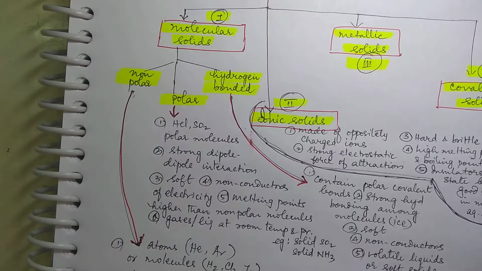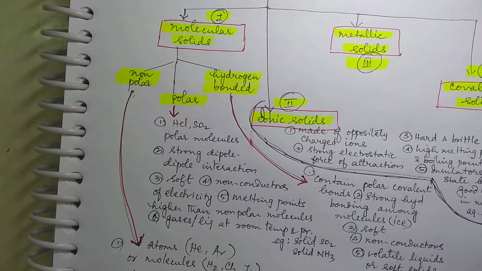Now what do you mean by non-polar? They are made up of atoms, say helium, argon, or molecules, hydrogen, chlorine, iodine, carbon dioxide, CCl4. Now you may ask, CCl4 is a liquid. So under a particular set of conditions, if it is made in the form of a solid, same way carbon dioxide is a gas, how am I considering it under solids?